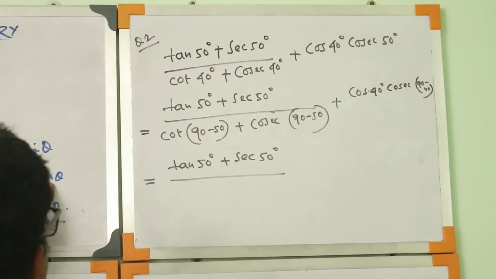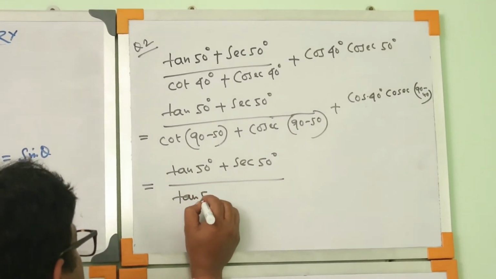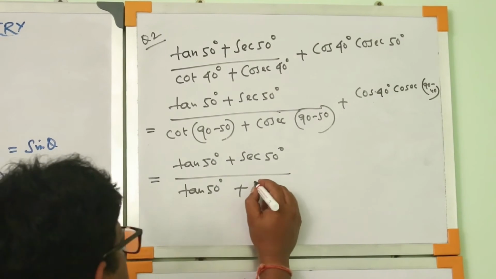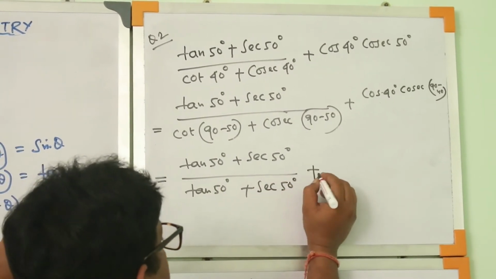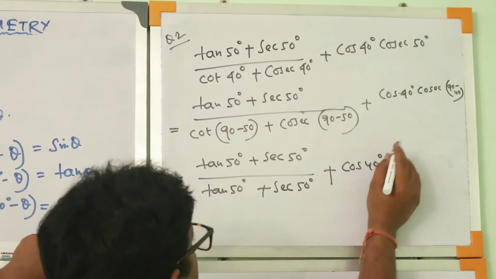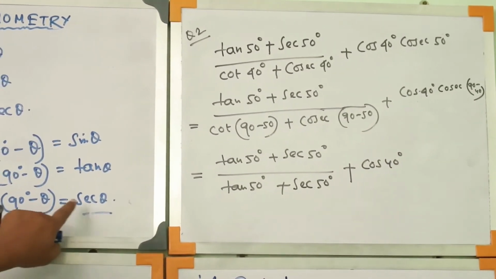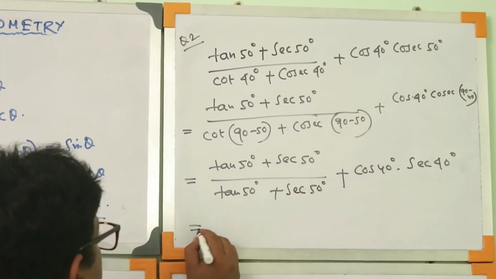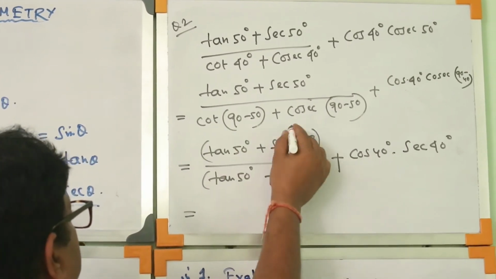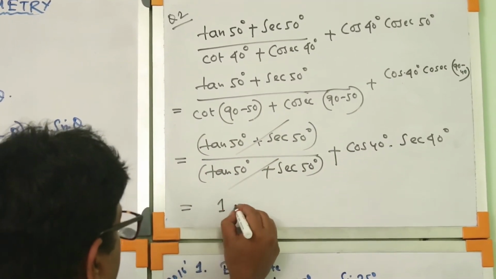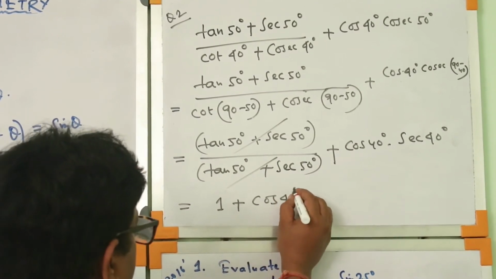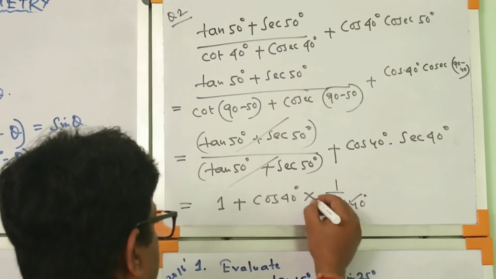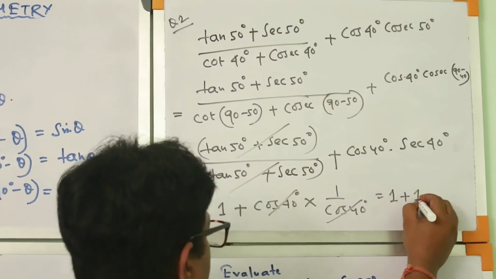Cot 90 minus theta means tan theta, that means tan 50. Cosec 90 minus theta is sec theta, that means sec 50, plus cos 40, cosec 90 minus theta is sec theta, that means sec 40. So these two will be cancelled, that means 1 plus cos 40 degree into sec 40 degree. Sec means 1 by cos 40. This will be cancelled. So you will do 1 plus 1, 2.